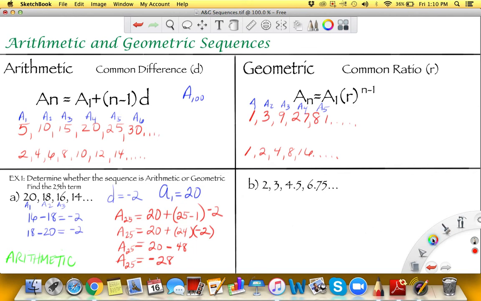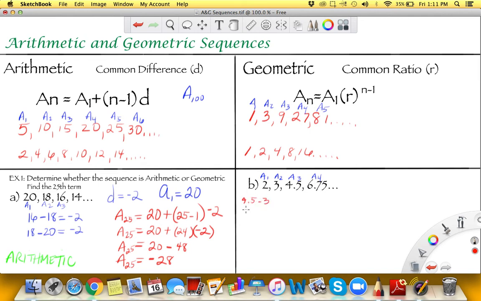We're going to determine whether this is going to be geometric or arithmetic. So first thing we have is, let's say, a sub 1, a sub 2, a sub 3, a sub 4. So first of all, I'm going to take a sub 3 and subtract.